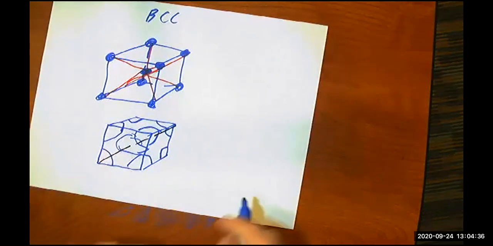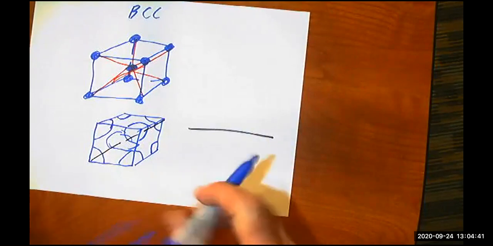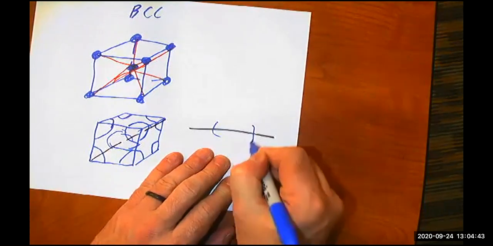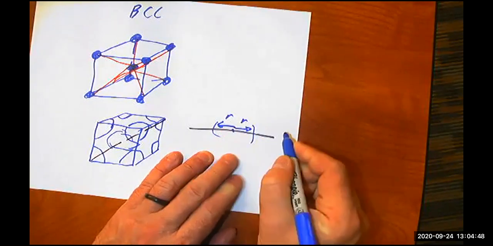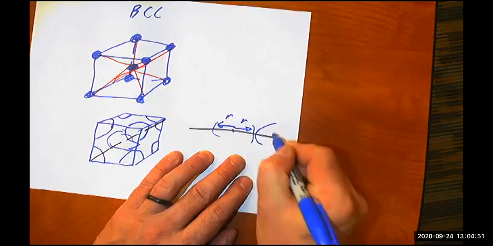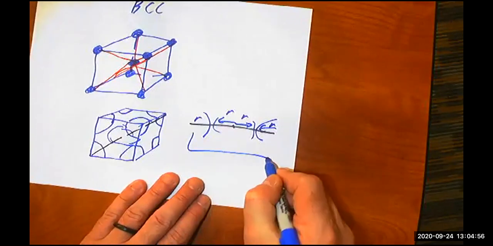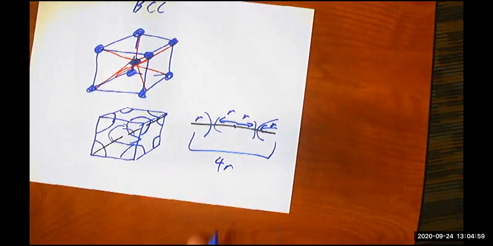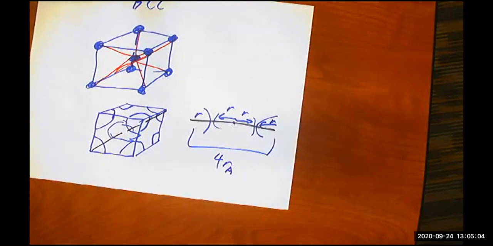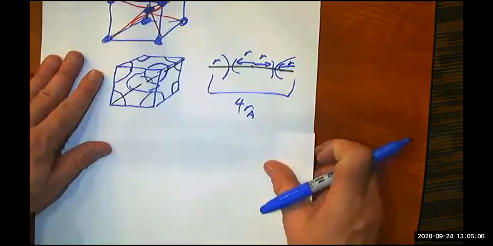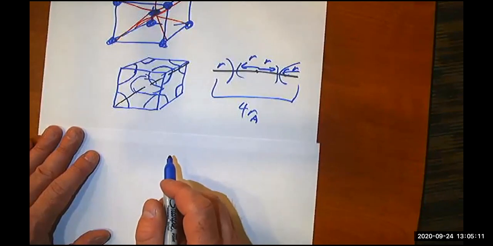If we look at that body diagonal, we have the central atom, which has one radius here, one radius here, and then the corner atoms, each contributing one radius. Our body diagonal is 4R, and we'll label R_A as the radius of the anion.